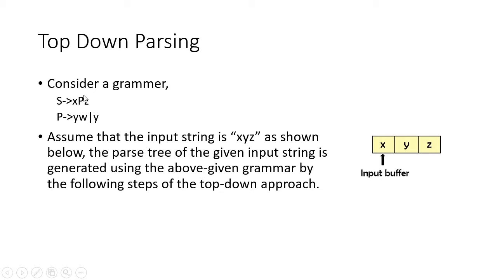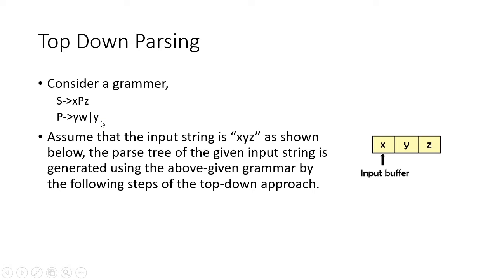For example, P is here and P is expanded on the left side of the grammar. So this is one production, this is another production. S derives XPZ, and P can be expanded as YW or Y.